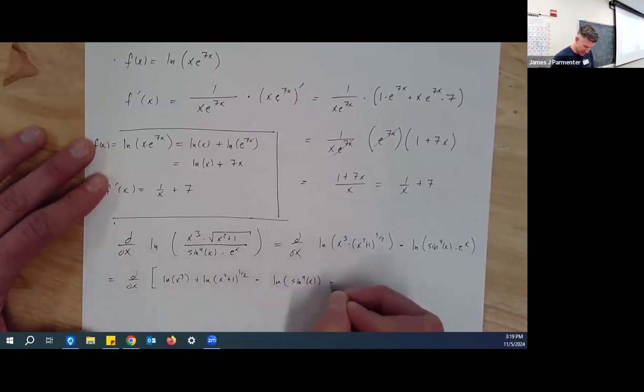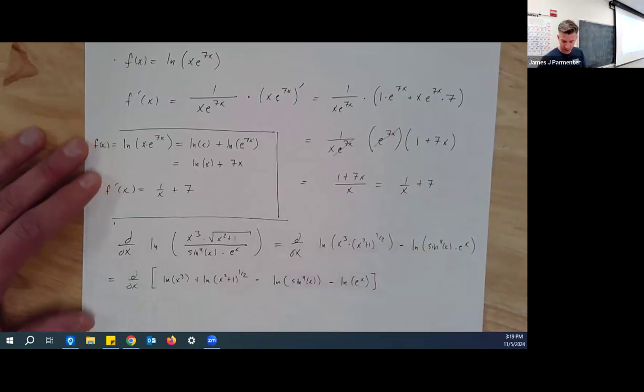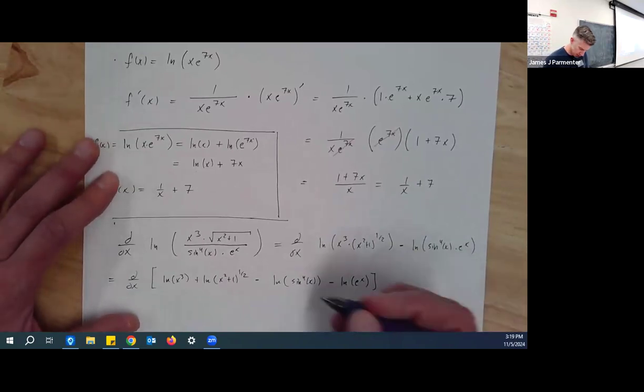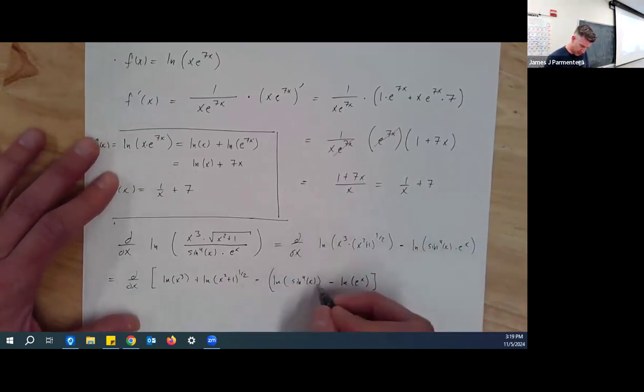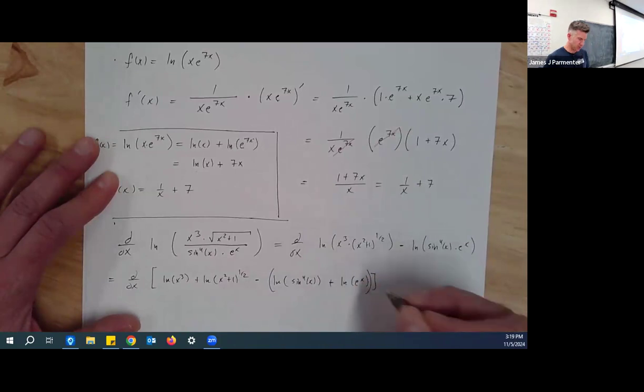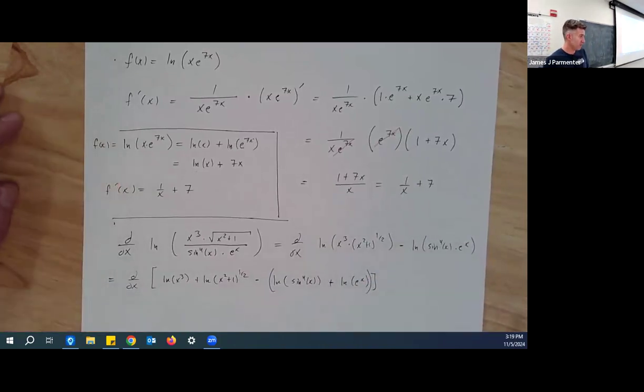Careful here, minus the natural log of e to the x. If you don't like what I've done there, you can think of it as really it's minus the natural log of sine to the 4th of x plus the natural log of e to the x. Then we're going to distribute the minus sign.